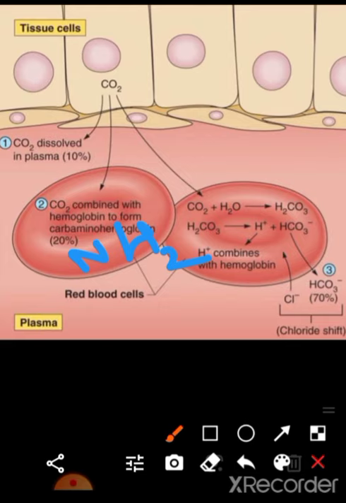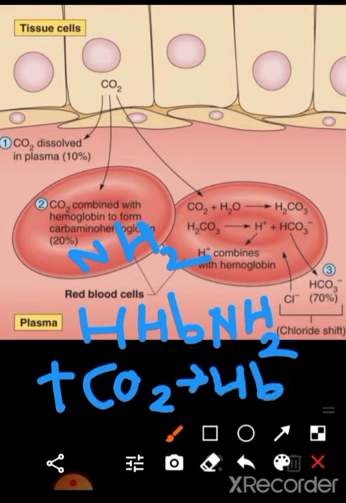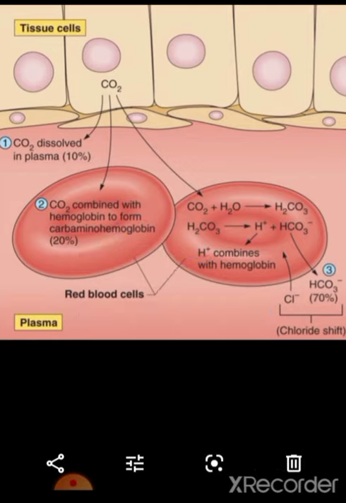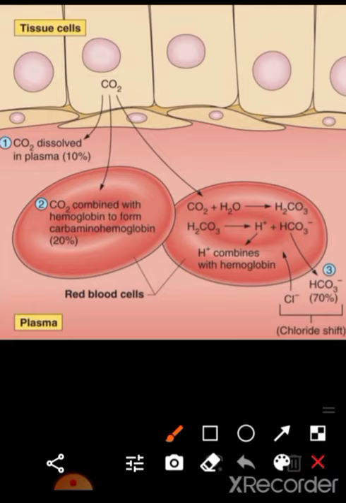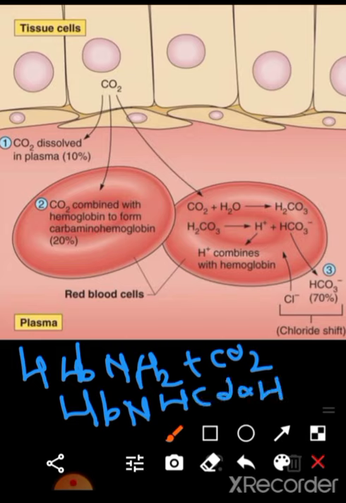So the reduced hemoglobin, that is hemoglobin NH2 plus carbon dioxide, will form carbaminohemoglobin, that is hemoglobin NHCOOH plus H plus.